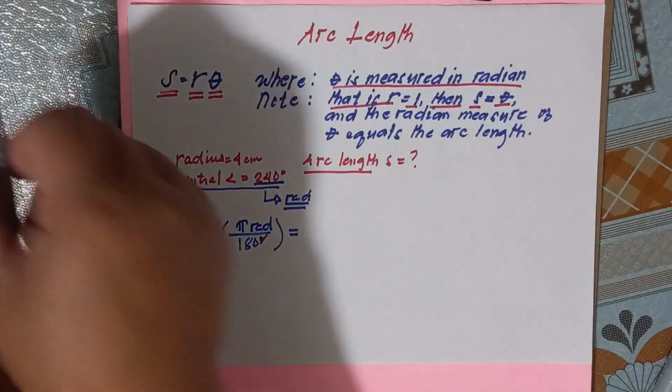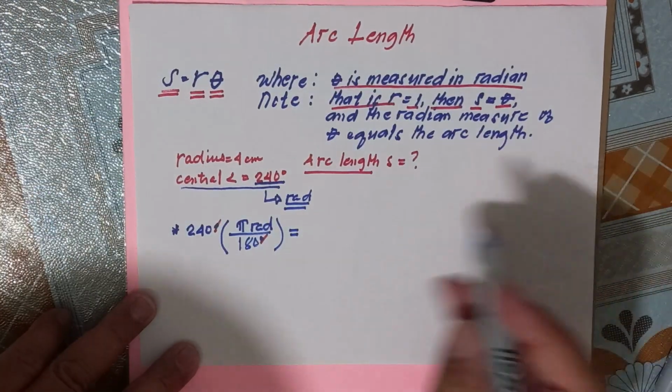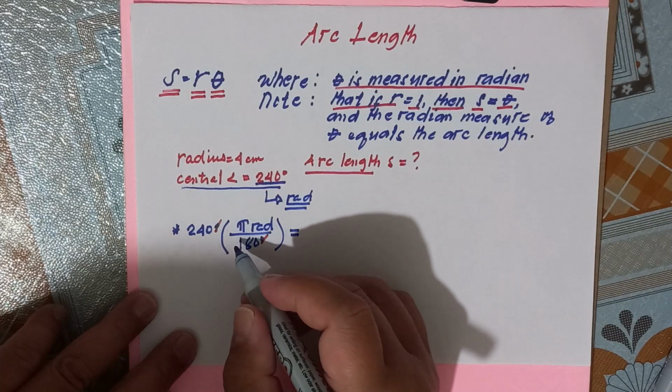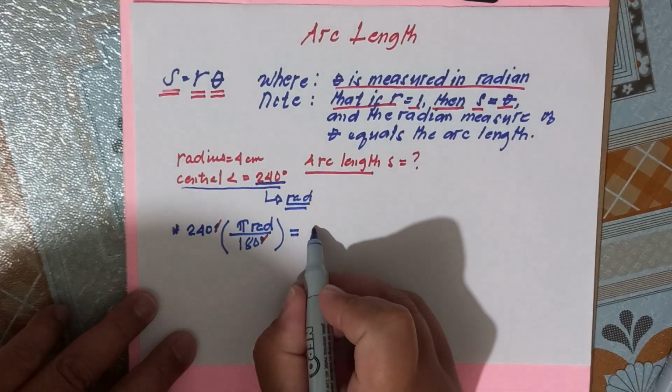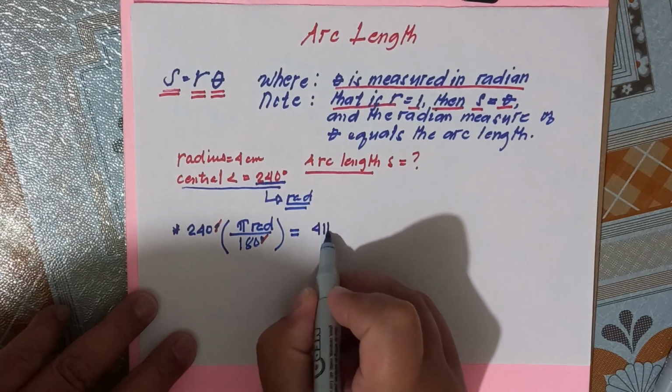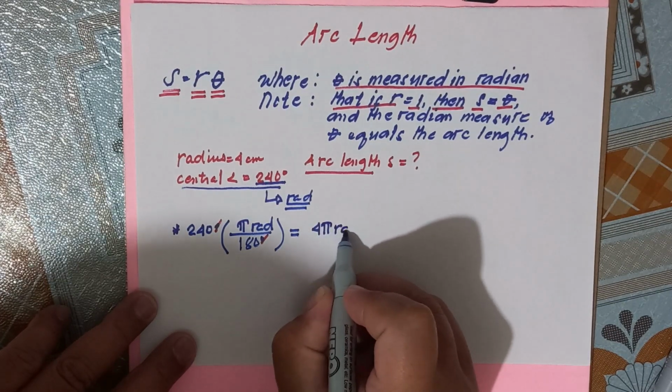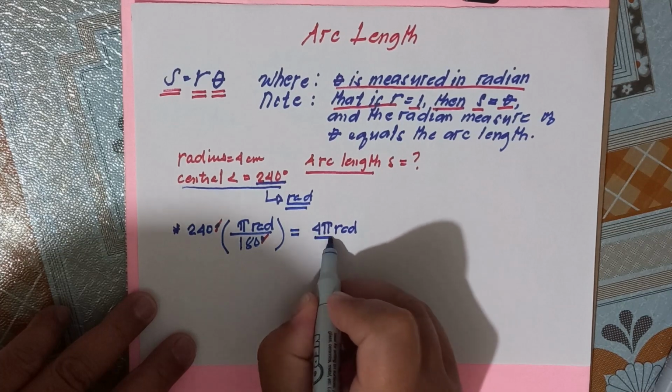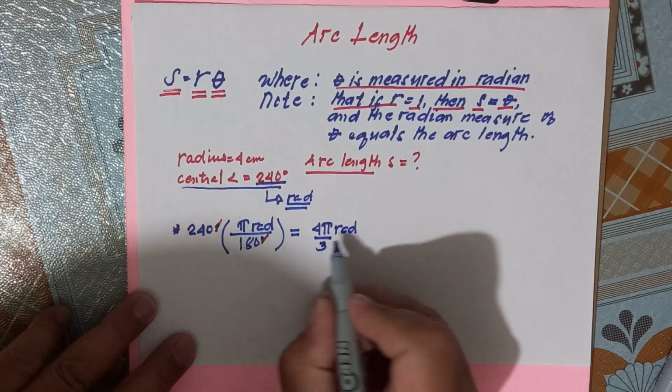Now after that, we reduce this one, and the result will be 4 pi rad over 3.